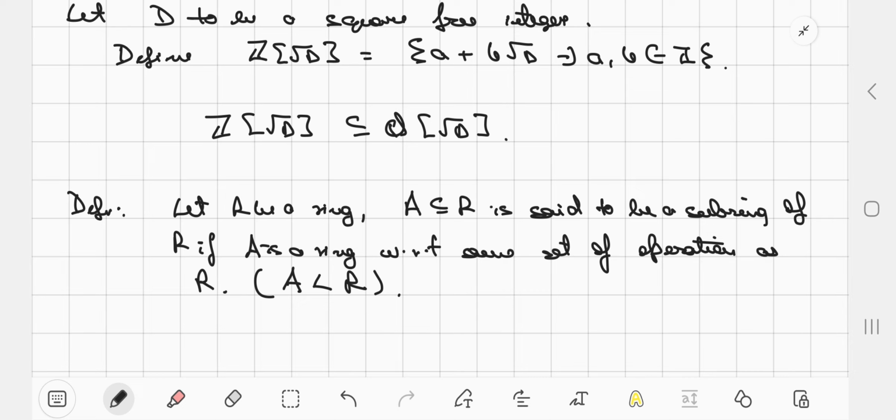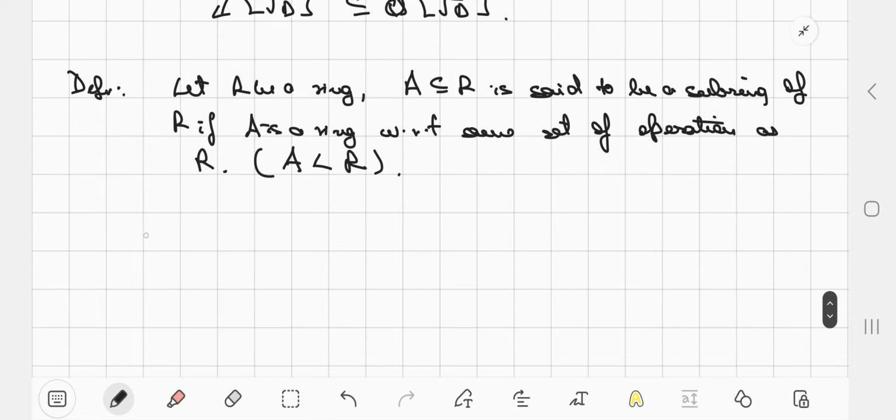A subring is a ring in its own right, but it considers the same elements as the ring it is contained in, and the operations are also the same. Therefore we can say that Z root D is a subring of Q root D.